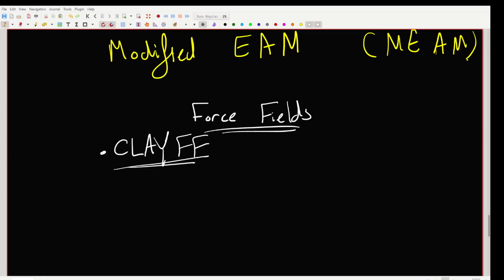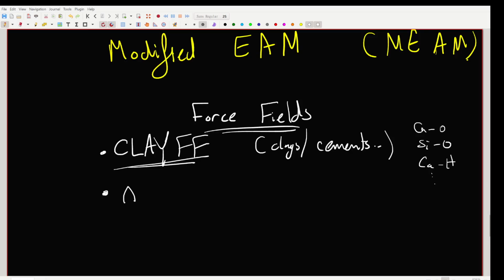You can find about this in the literature. This is particularly for clays and minerals and cements, right, and so on. Here you have tabulated interactions, let's say between calcium and oxygen, silicon and oxygen, calcium and hydrogen, and so on and so forth. Pretty much all the interactions that you need to represent clays and cements. When you have a family of interactions, this is called the force field.